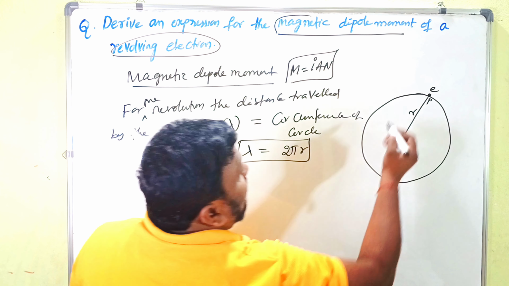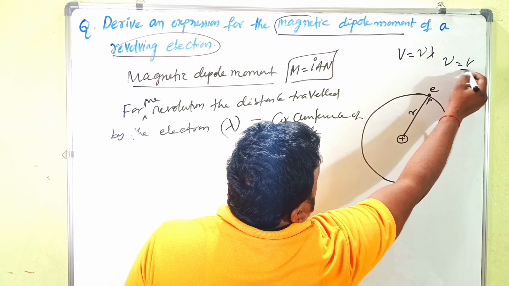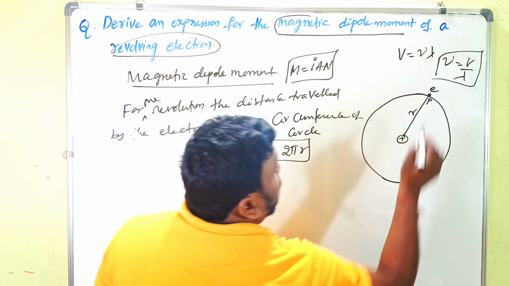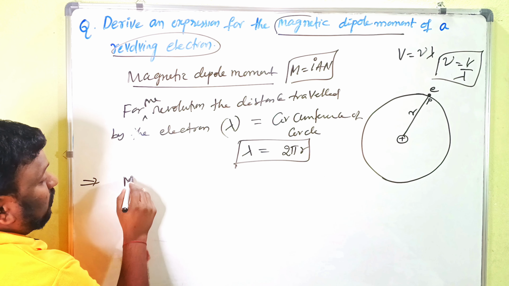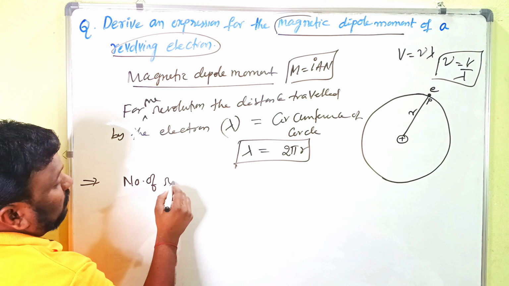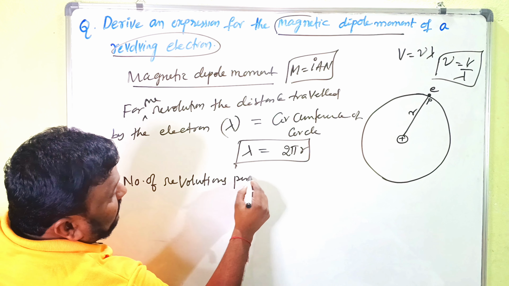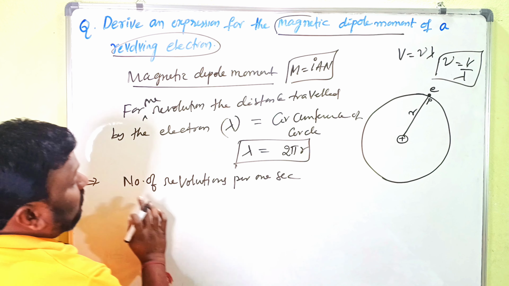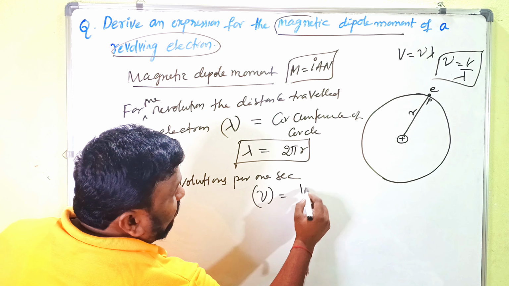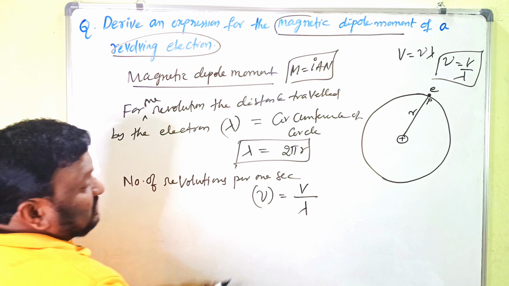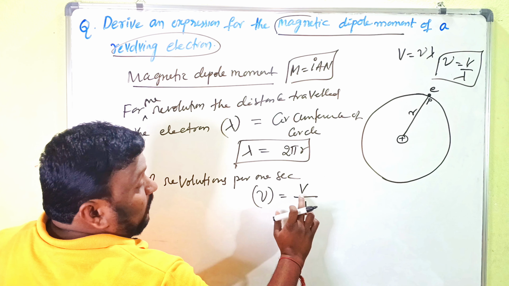We have one general formula, children: V is equal to nu lambda. From that, nu is equal to V by lambda. Here nu is the frequency, that means the number of revolutions or rotations per one second.